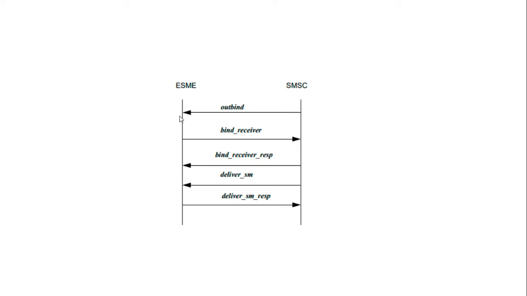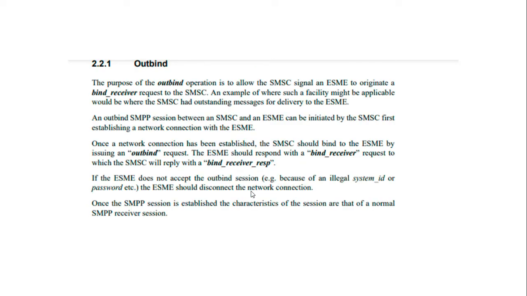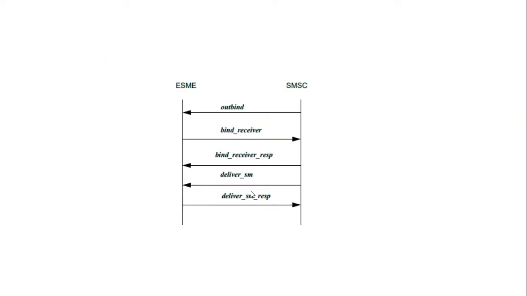Once the outbind request is received, the ESME initiates a bind_receiver request to the SMPP server, and if the bind receiver is successful, after that it can receive the SMSs. So this is another kind of bind request, requested by the SMSC to the ESME just for receiving. This is the outbind request.